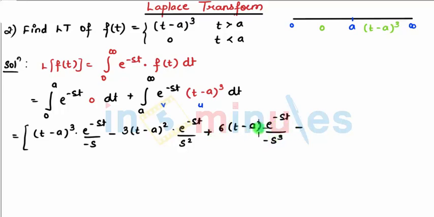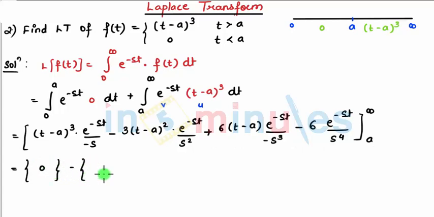and then minus the differentiation of t minus a into 6, which will be 6 e raised to minus st divided by s raised to 4, where the upper limit is infinity and the lower limit is a. When you put the upper limit as infinity, e raised to minus infinity, the whole term becomes 0.